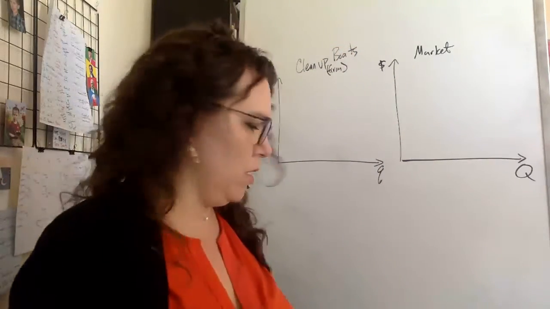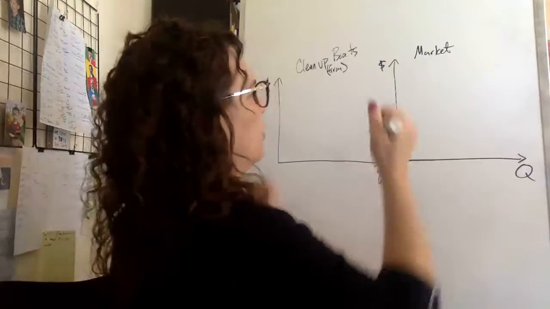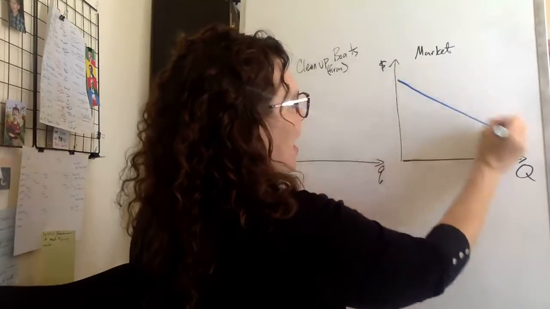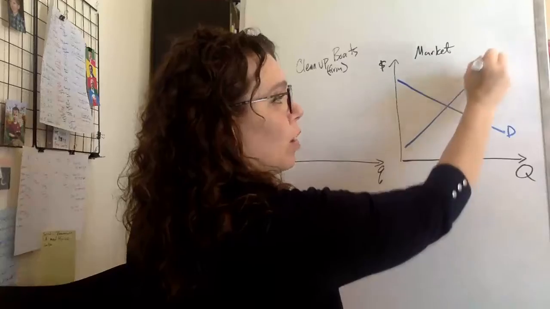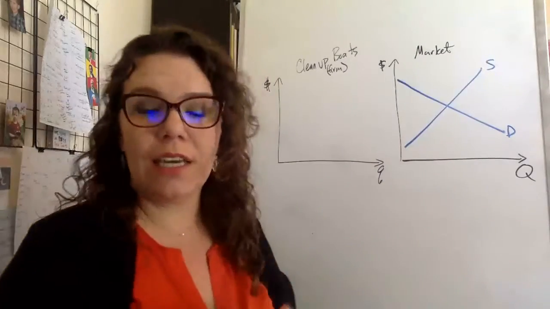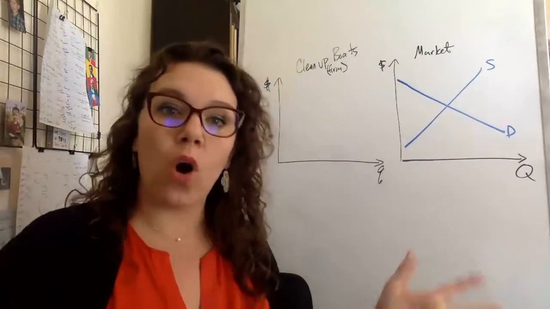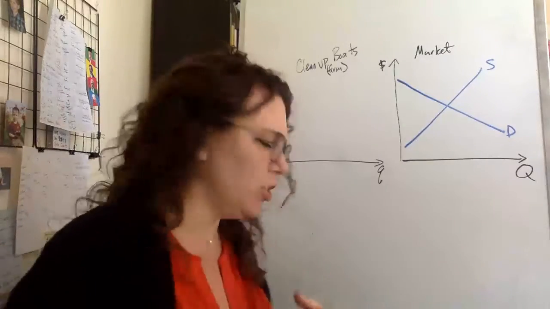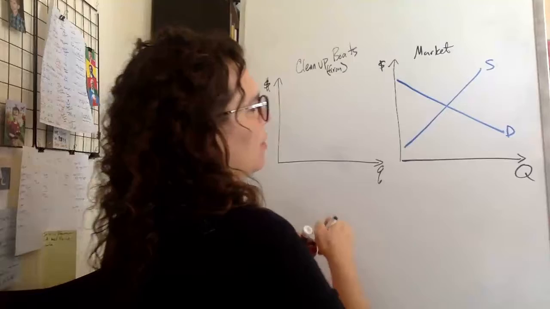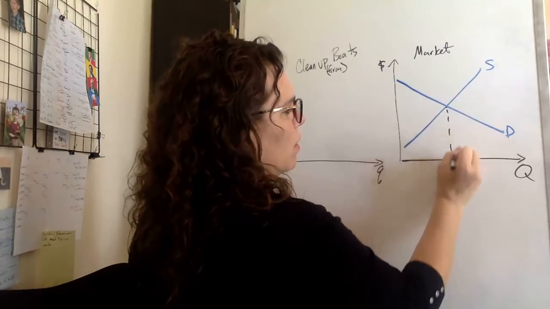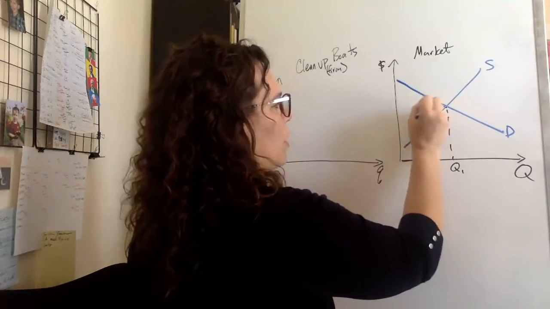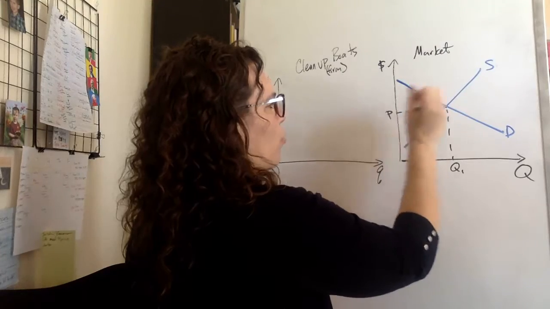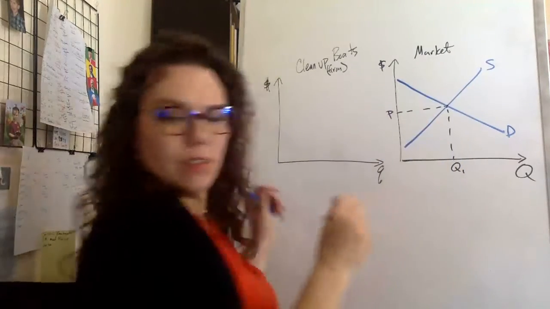And we have some initial demand curve and some initial supply curve. And this is not a calculation-based problem. So really what we're looking at here is the qualitative effect, the direction and the nature of these shifts. So I'm going to give us some equilibrium quantity and price.